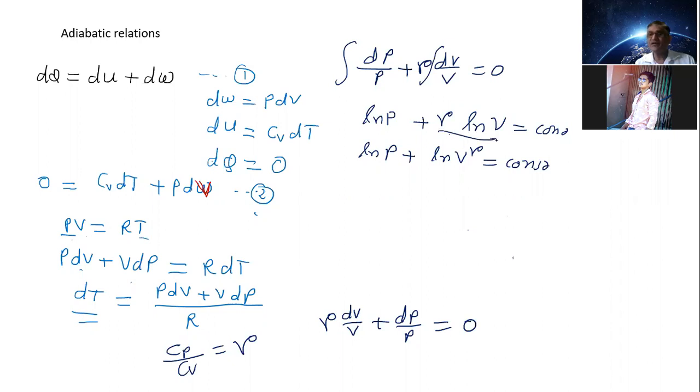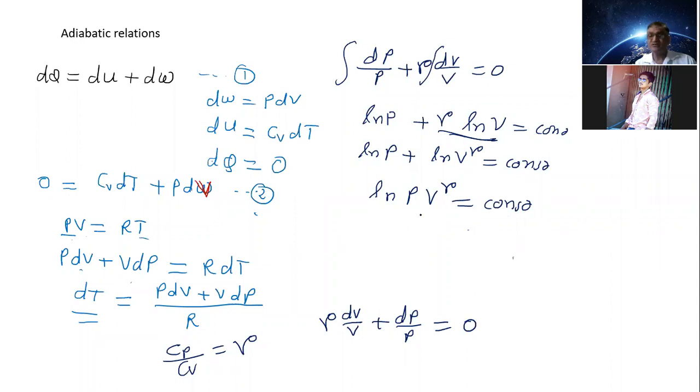We know an identity, therefore we write here log of V raised to gamma. Log of A plus log of B is log of AB, so log of PV raised to gamma is equal to constant. Log of PV raised to gamma is equal to constant.